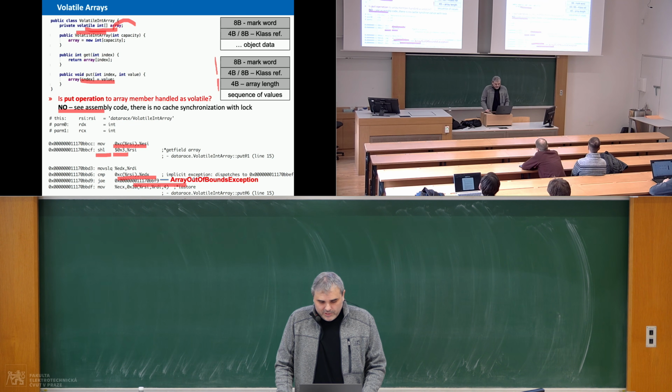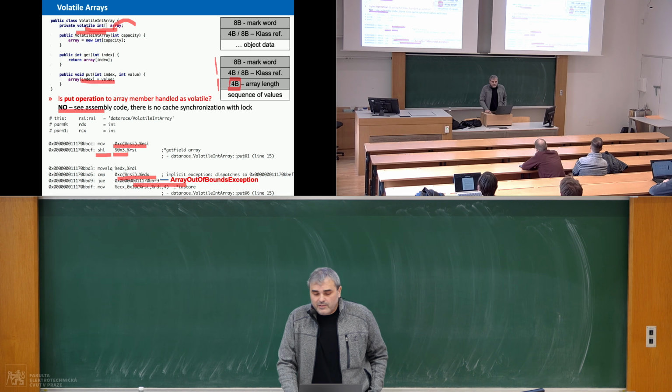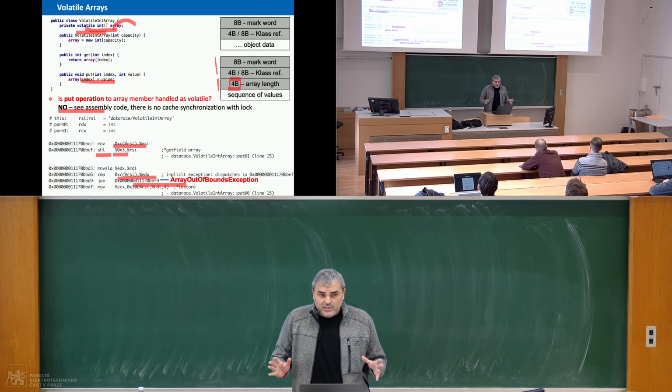So that's what happens here. From this, you can see that the array length is only 4 bytes. So you cannot create native arrays by design which are larger than 4 giga values because of this 4-byte limit.